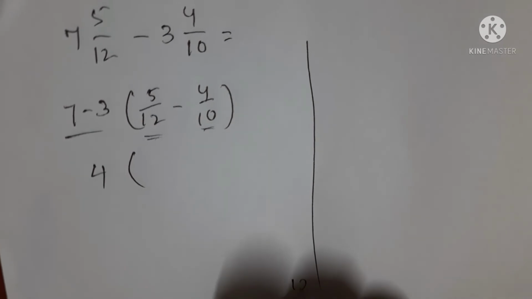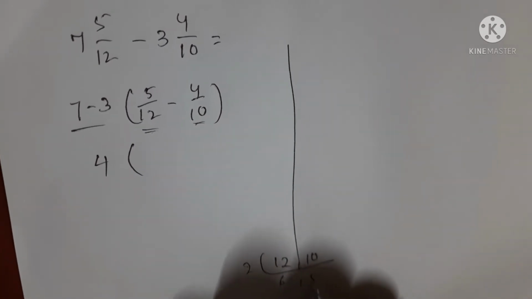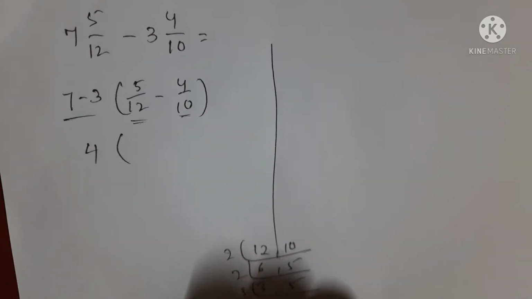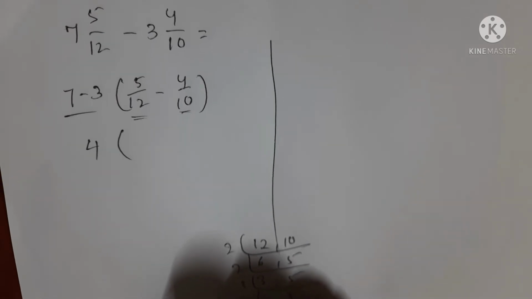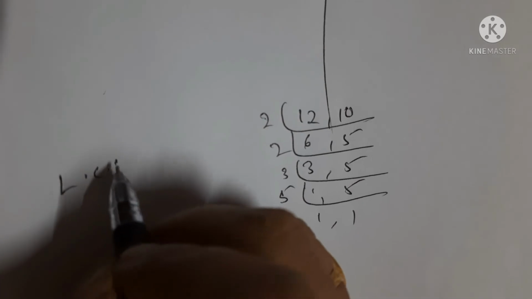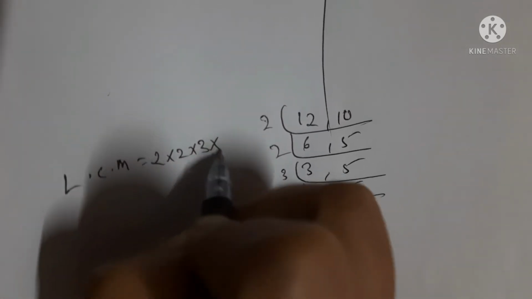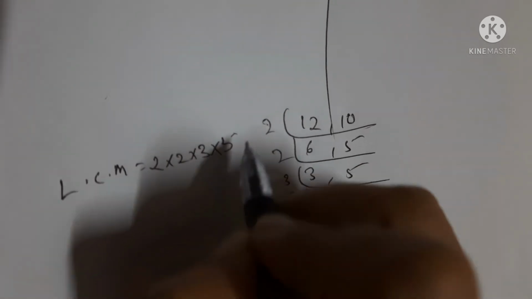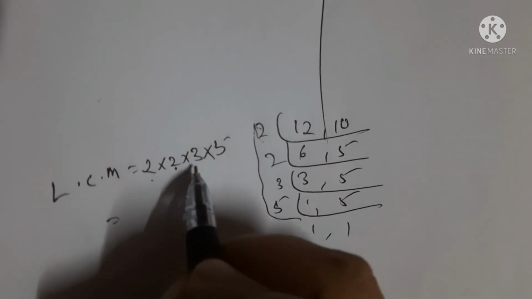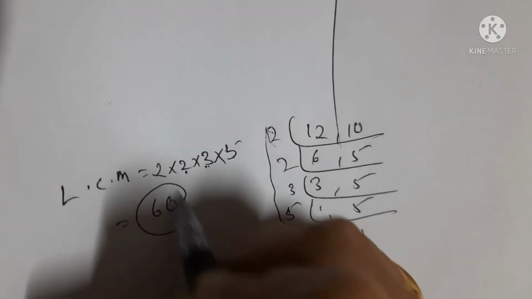So we'll take the LCM here. 2 6 ja, 2 5 ja, 2 3 ja, 5 ja, 3 1 ja, 5. Next 5 1 ja. Now LCM is 2 into 2 into 3 into 5. Okay, now 2 twos are 4, 4 threes are 12, 12 fives are 60, 60 is your LCM.